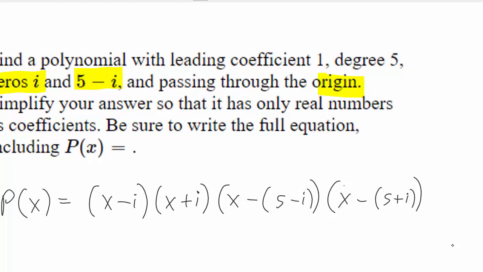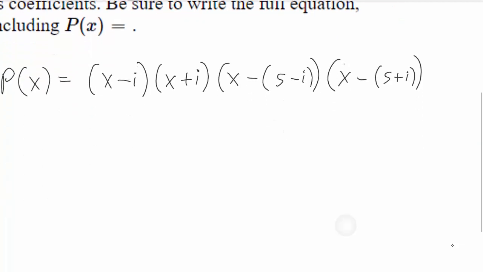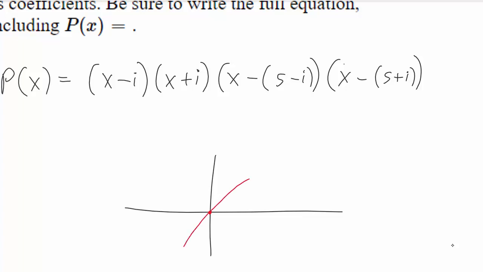Then we also know it's going to be passing through the origin. So what does that mean? Well, if it's passing through the origin, that is sneaky talk for an x-intercept without telling us we have an x-intercept or a zero. So it's telling us that we have an intercept at 0.